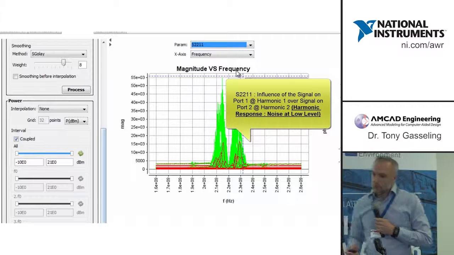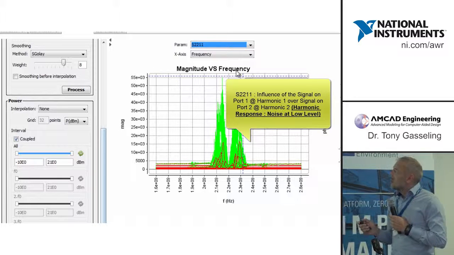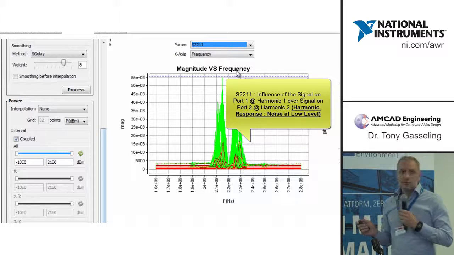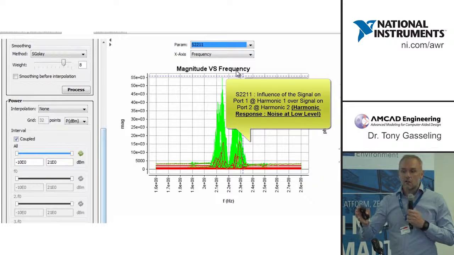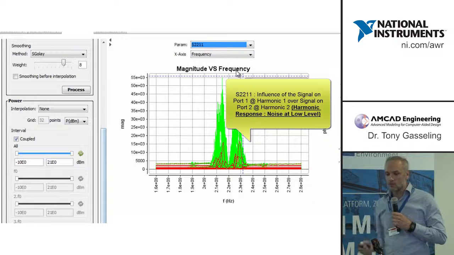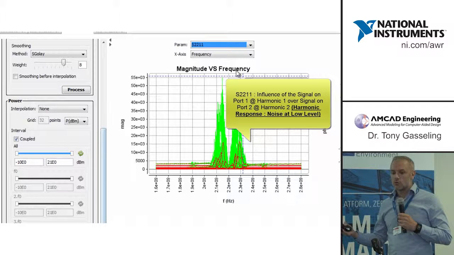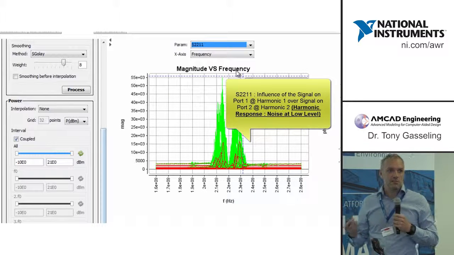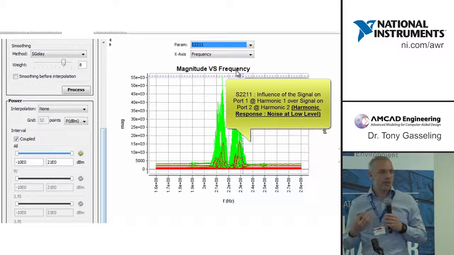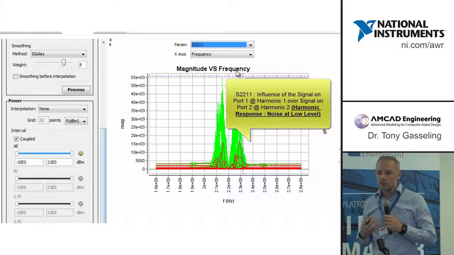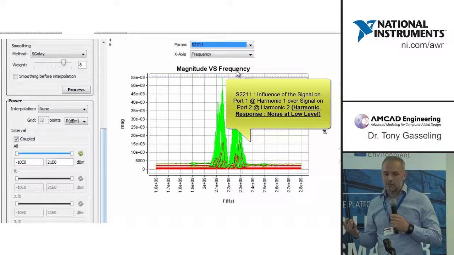If we look at this data, for example, we have S2211, which is the harmonic response of the amplifier. We inject a fundamental signal, and some harmonic tones are generated. Obviously, if we are in linear conditions, there's no harmonic power, so it's just noise, and we don't want all this data in the model. So it's important to filter this noisy data.